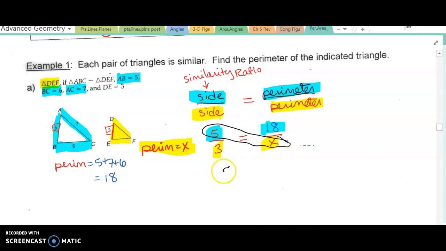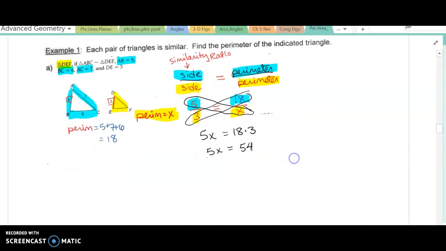So 5 times X equals 18 times 3, and 18 times 3 is 54, so 54 equals 5x. Now we divide both sides by 5, and x equals 10.8. We don't have units here, so I'll say 10.8 units. It's not units squared this time because it's not area.